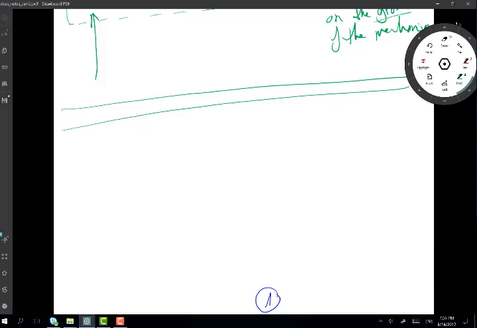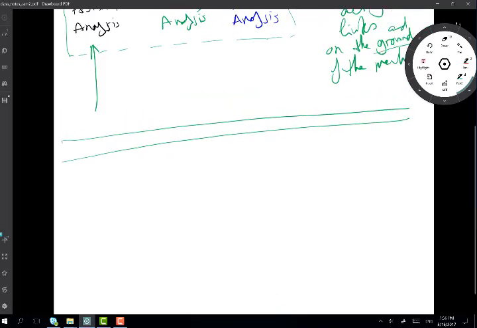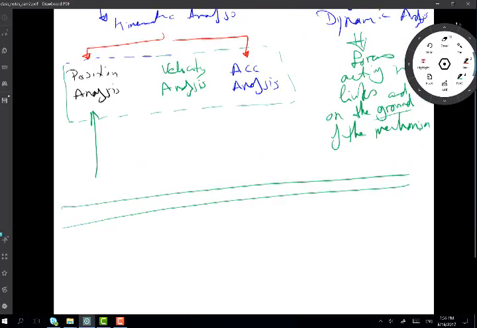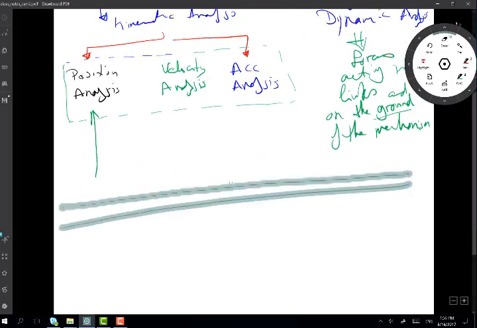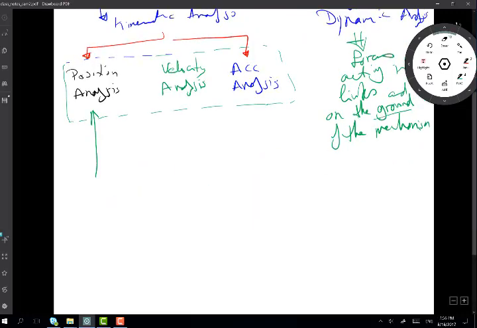I can do some classification here: position analysis can be conducted graphically, as can also the velocity and acceleration analysis, and it can be conducted also analytically.